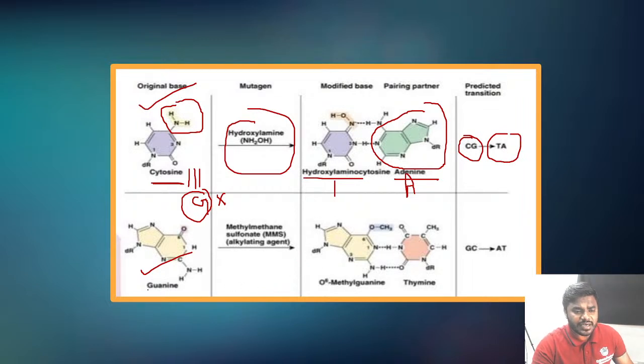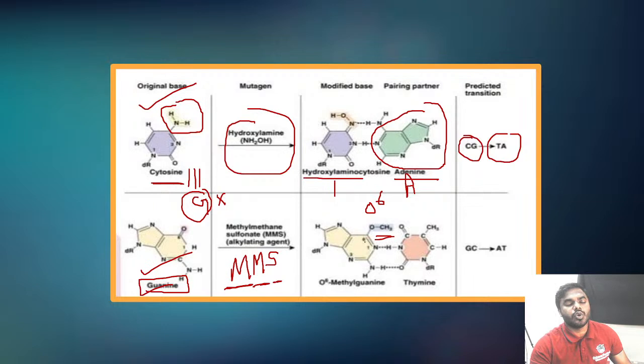Now next, if you look into the guanine, what is the point you have to understand, friends? Guanine, whenever treated by a methylating agent, what's the best methylating agent? We can call it MMS, methyl methane sulfonate. So what's happening here? Guanine, at a particular position, the O6 position, is methylated.